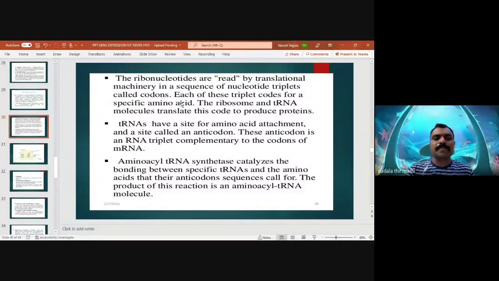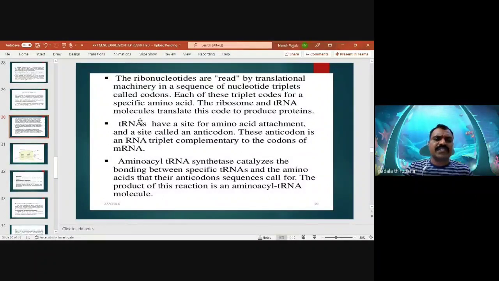For example, AUG is a triplet code for the amino acid methionine. The ribosome and tRNA molecules translate this code to produce proteins. These tRNAs have a site for amino acid.